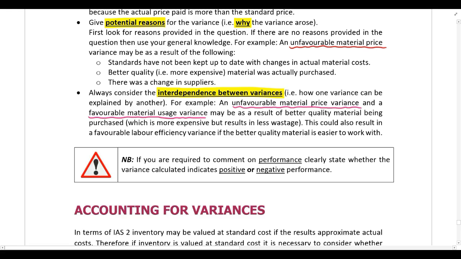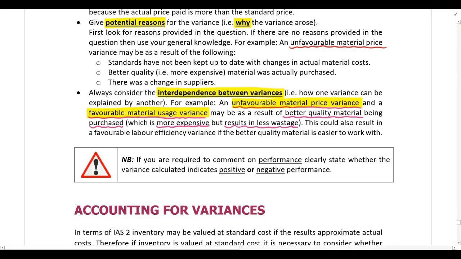This could be as a result of better quality material being purchased. So obviously if it's better quality material, it's going to be more expensive, and that will result in an unfavorable price variance. But because it's better quality, it might result in less wastage. And if there's less wastage, that will result in a favorable material usage variance.